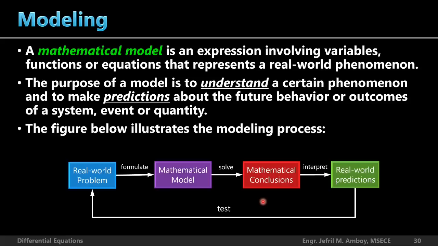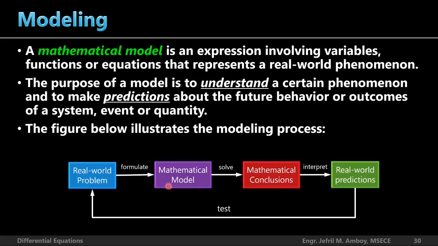After the variables have been assigned, the next step is to establish a relationship between the variables to come up with a mathematical model, which for our purpose is a differential equation.